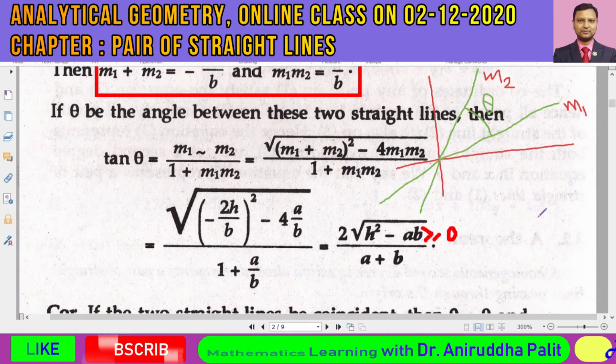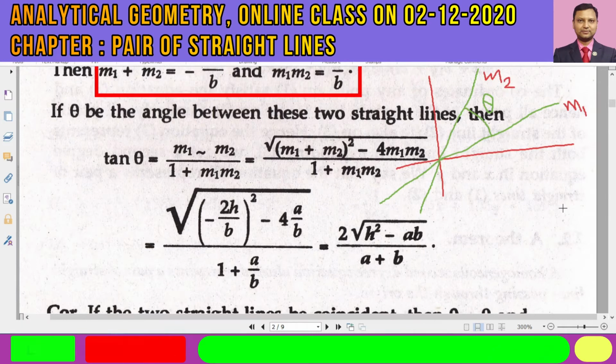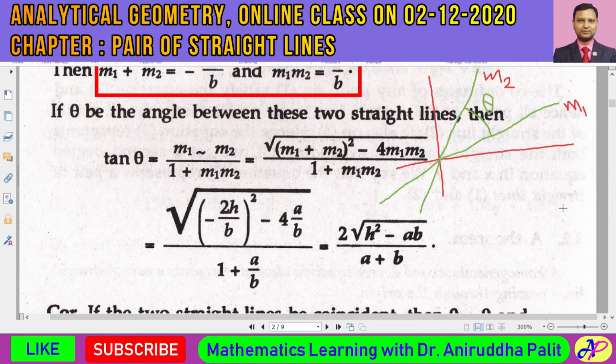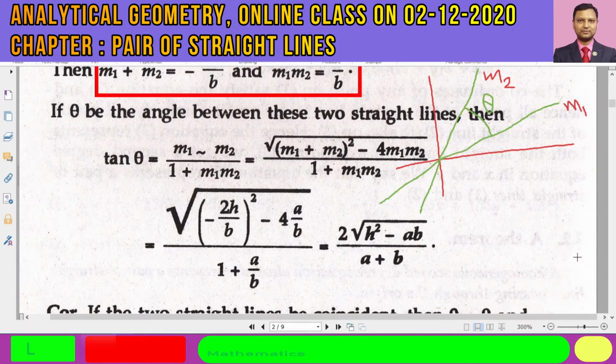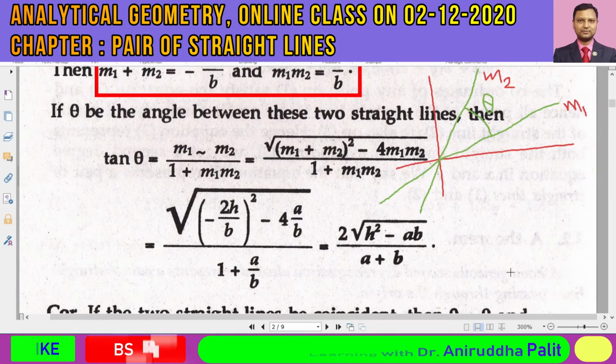Otherwise, if H square minus AB is less than 0, in that case tan theta would be an imaginary number. And if theta is imaginary, it means that no such real line exists. That is the formula of tan theta.